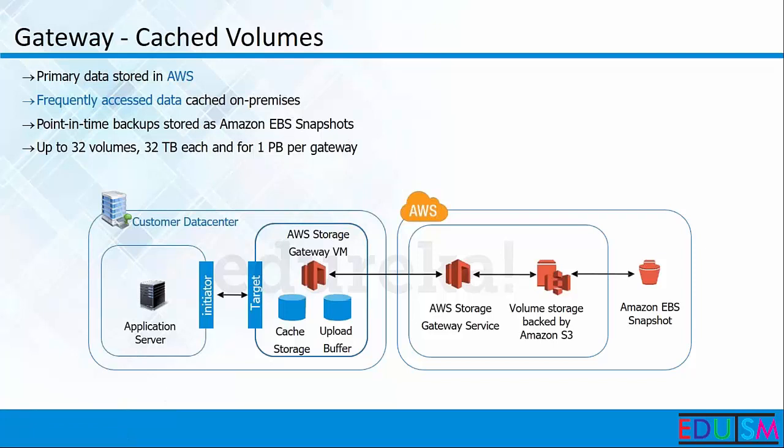That way you incur less cost by storing a lesser amount of data in your data center, only the frequently accessed data. We can always create a backup of the data on AWS using EBS snapshots, and we can have up to 32 volumes of 32 terabytes each, for 1 petabyte per gateway. That's the configuration in the cloud.